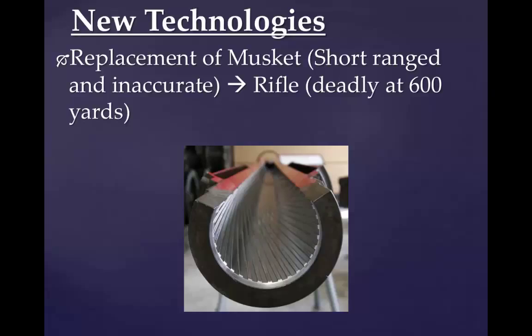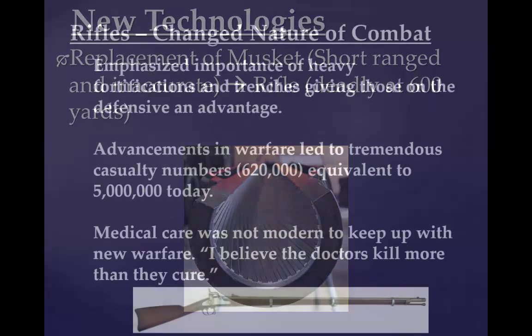So you go from being able to shoot deadly at a pretty short range with the musket, to being able to shoot up to 600 yards or in certain cases more, deadly and accurately. That's a major change, and the generals and the type of fighting are going to need to really change in order to be ready for that type of difference on the battlefield.